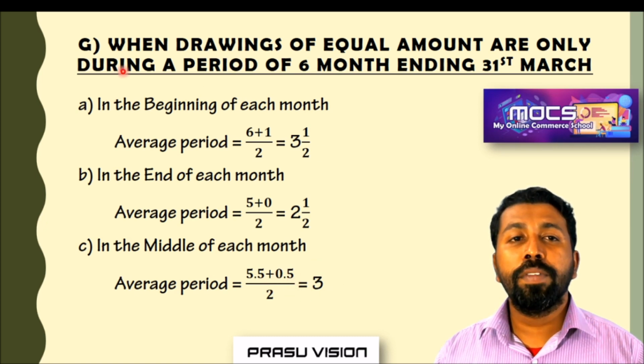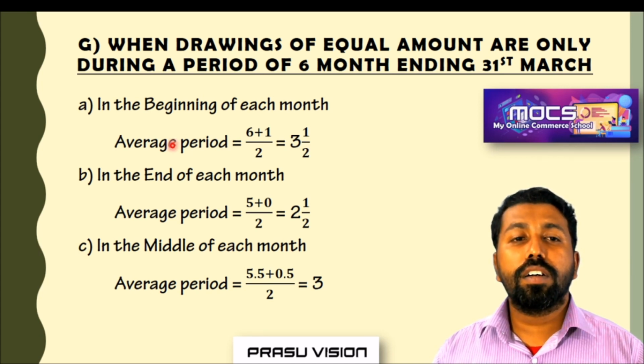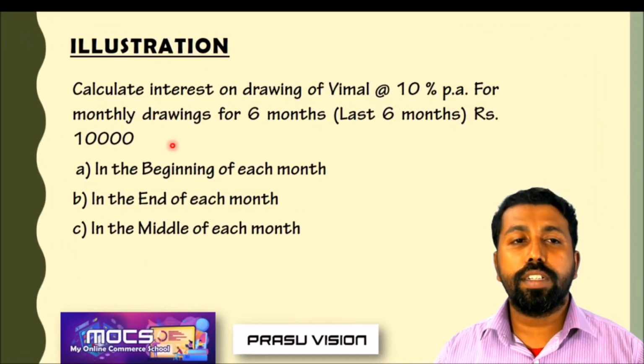So remember, in these three cases, amount of drawings is only for the last 6 months. So we are going to solve one problem to find out how it is calculated.